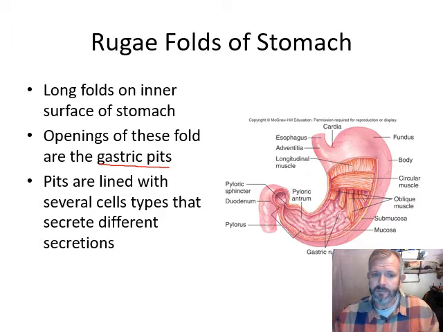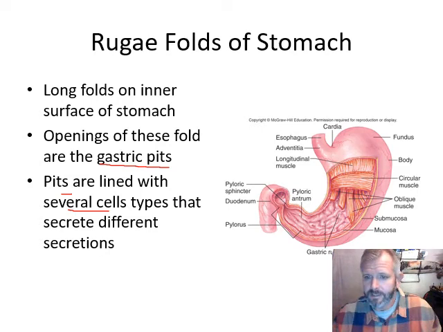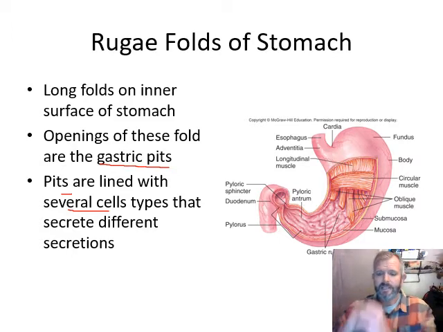Those pits are lined with several cells that are going to secrete different secretions. Also, just looking here, are those layers of the muscle. We have the circular layer, we have the longitudinal, but we also have this 3rd oblique layer. Again, that's going to allow us that churning ability in the stomach.